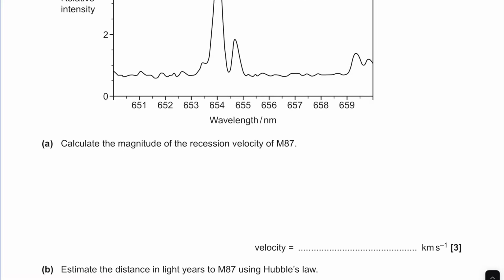So we know that according to Doppler's effect, v over c is equal to change in lambda over the original.